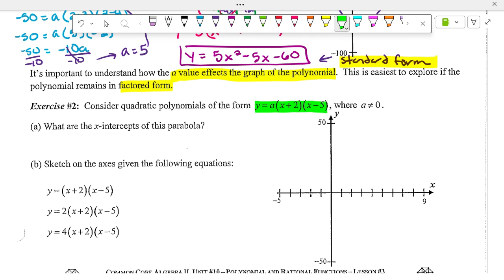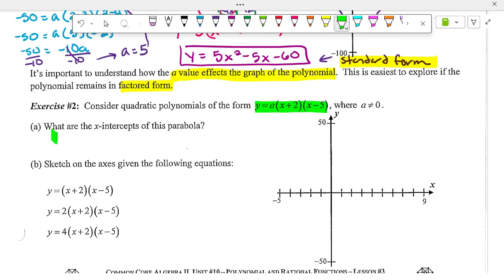All right. So if I was looking at this, what would my x-intercepts be? In other words, where are my roots based off of the factors that they gave me?